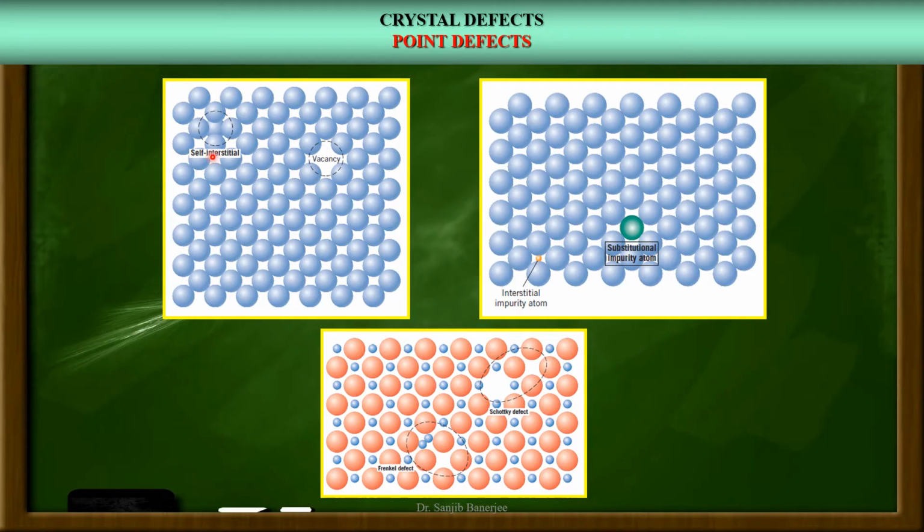Again, when a parent atom of a particular lattice site occupies an interstitial position, it forms a self-interstitial, which is the example of another point defect. Now, apart from these parent atoms, there can be other impurity atoms which may be incorporated inside the parent atoms and which are represented in different colors in this figure.